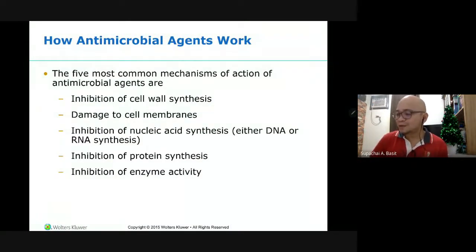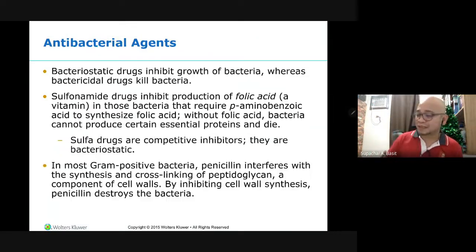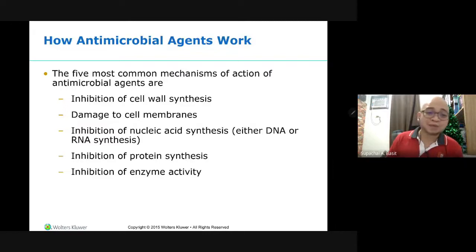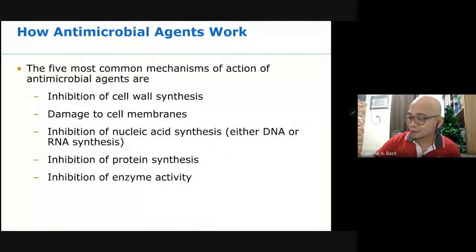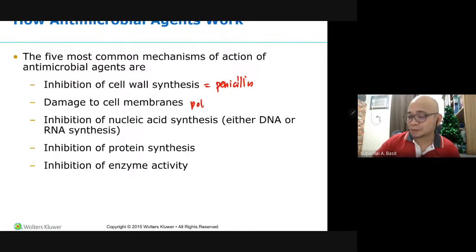So, how do antimicrobial agents work? Some antimicrobial agents can inhibit cell wall synthesis. For example, penicillin can inhibit cell wall synthesis. They can also damage the cell membrane, such as polymyxin. Some of them can inhibit nucleic acid synthesis, or DNA or RNA synthesis.